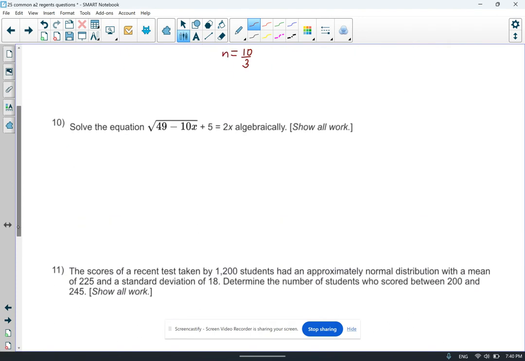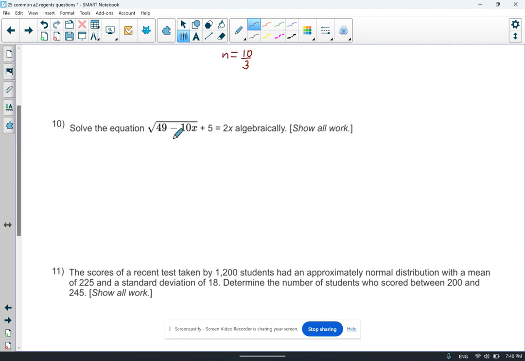And I'm going to do one more problem in this video. We're solving, number 10, we're solving a radical equation. Make sure that you're first isolating your radical. Again, this is a fairly typical problem. All of these are typical.